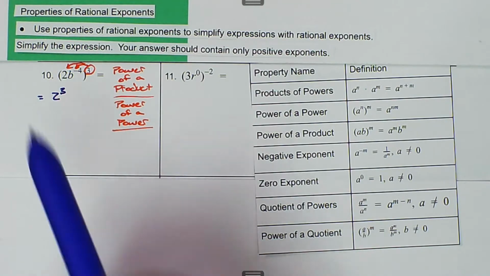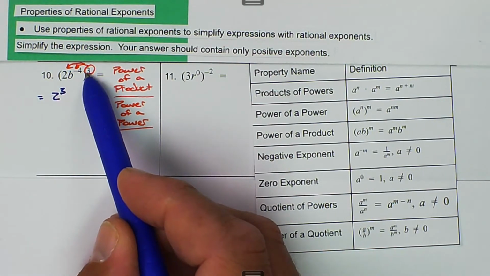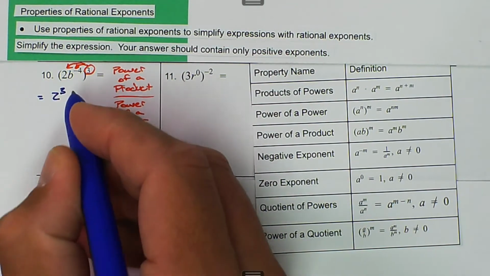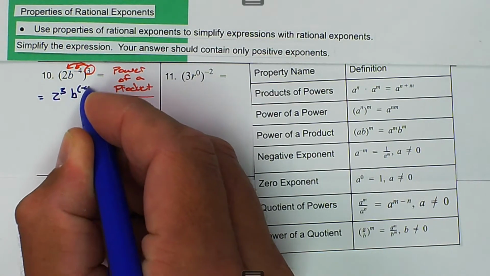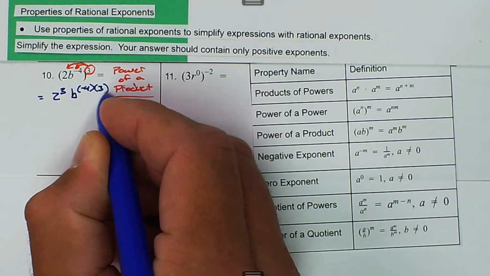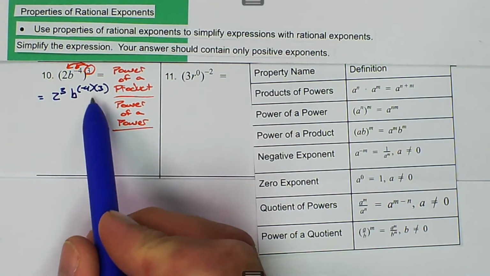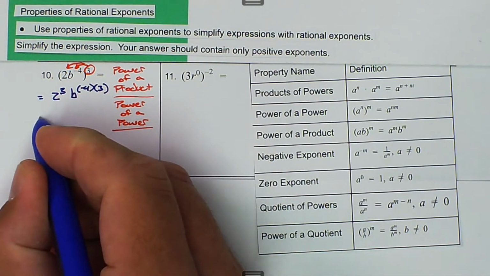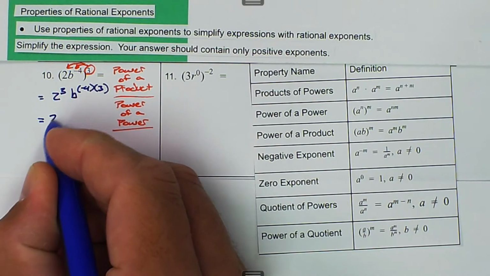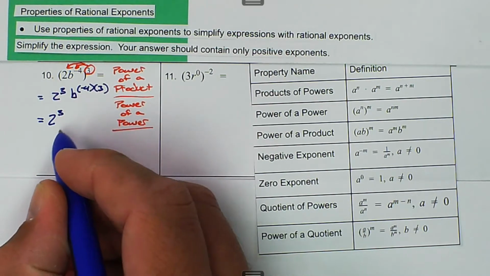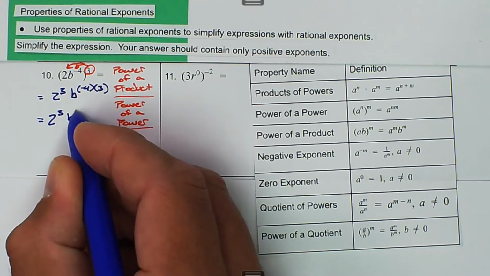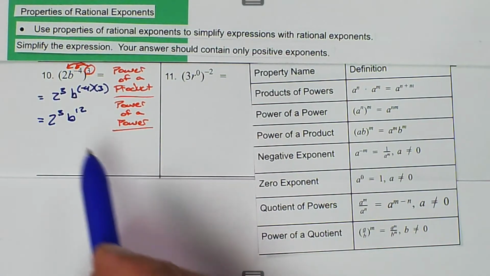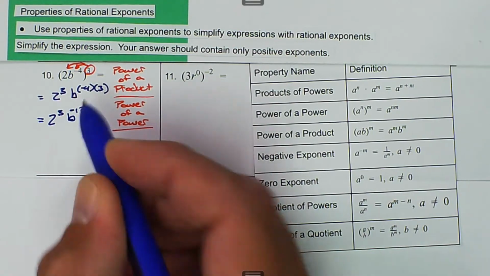So we already have b raised to the negative 4th power, and now we're going to multiply by the 3rd there. So b to the negative 4th times 3. And then we can go ahead and do this multiplication here. So then we get 2 raised to the 3rd power. Negative 4 times 3 is b to the negative 12th power.